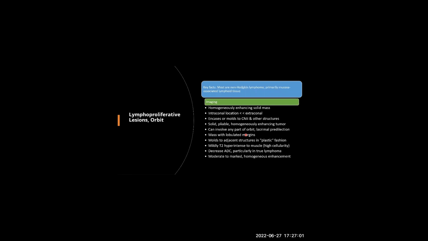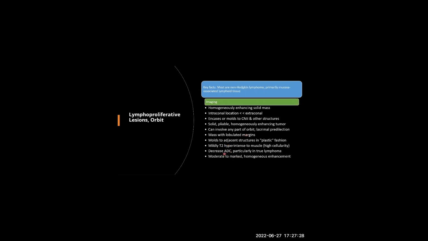In the MRI, you will find in the T1 relatively high signal, like the medulloblastoma. All of these tumors which are hypercellular will present in the T1 as relatively high signal. In the T2, it will present with relatively low signal. It will still be high, but not like the other tumors. Mild hyper T2 intensity.